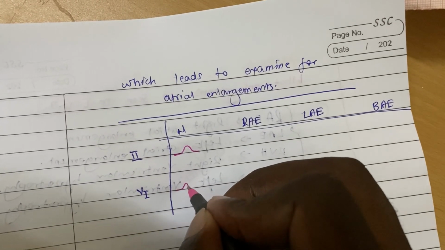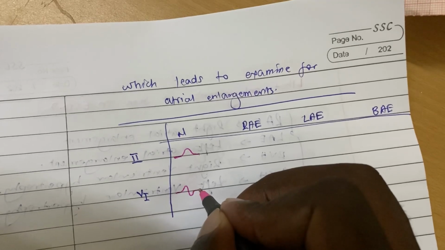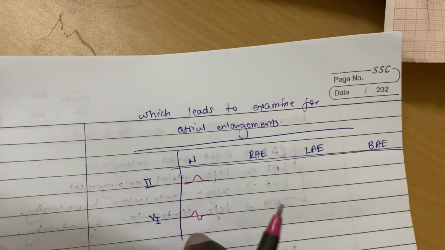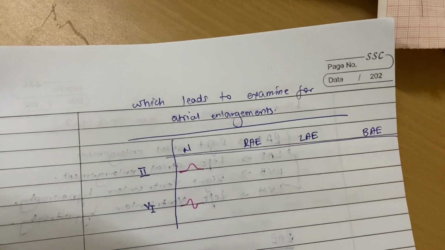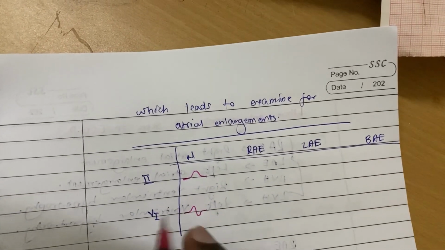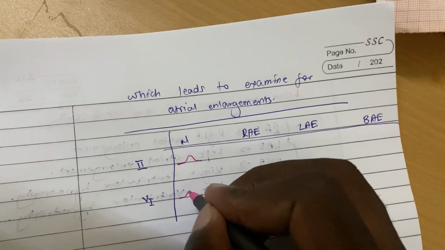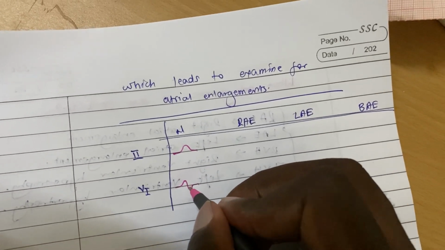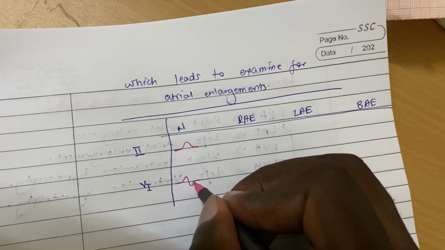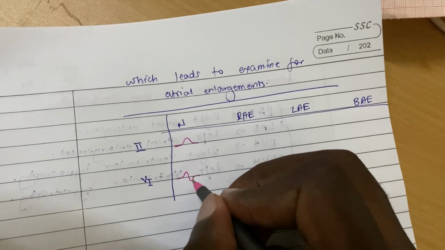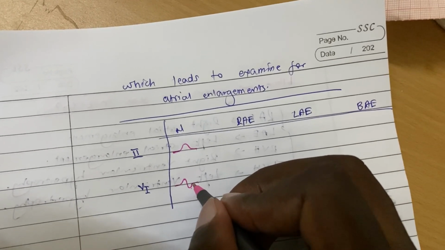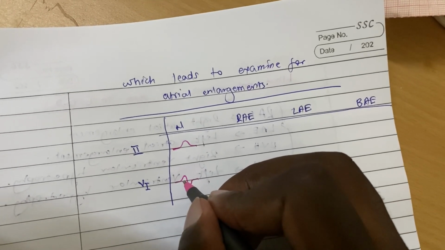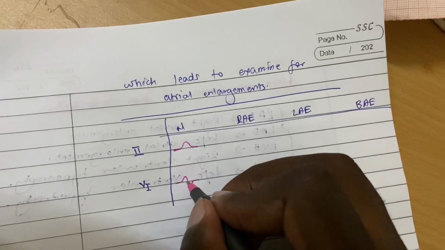Now what are these components? Remember we said the P wave should be less than. This is for right atrium, this is for left atrium. This one should be less than 40 milliseconds horizontally, and this one should also be less than 40 milliseconds horizontally.